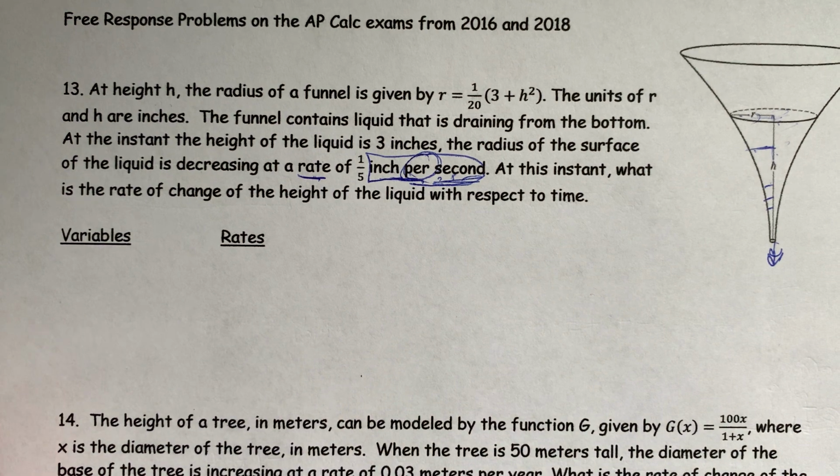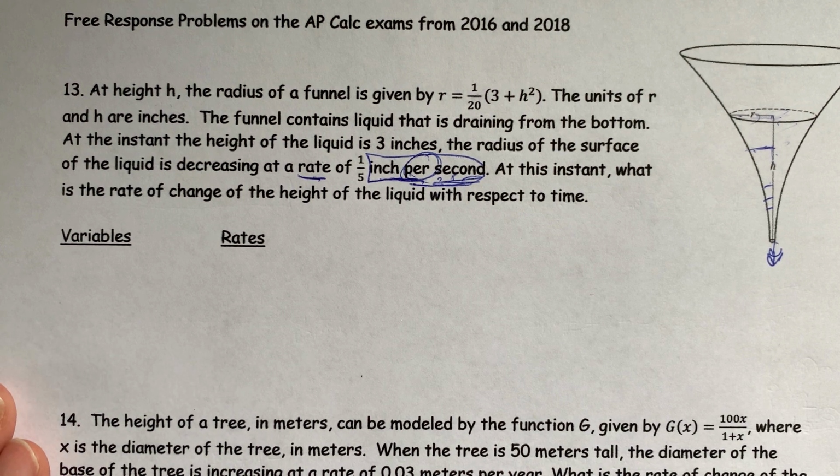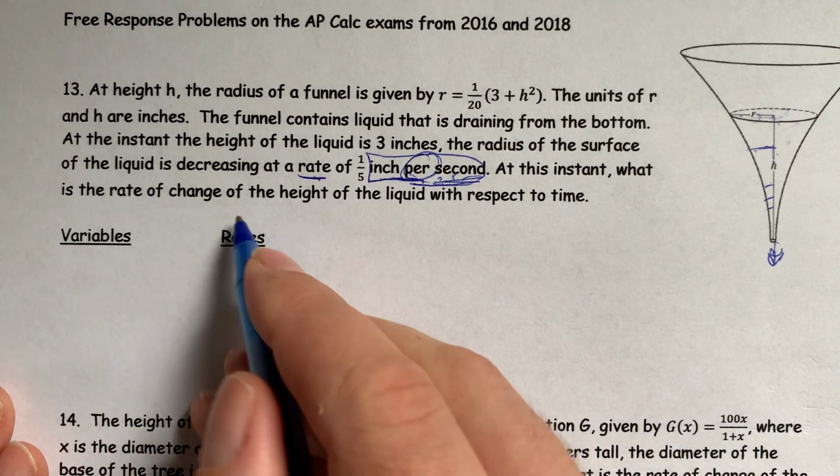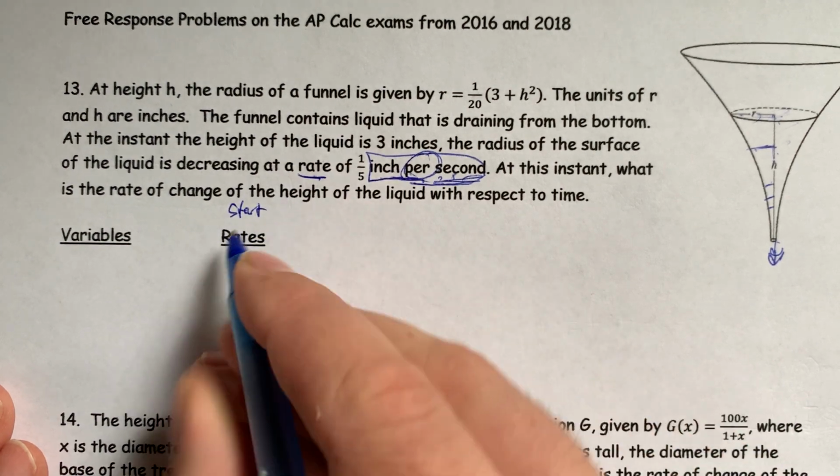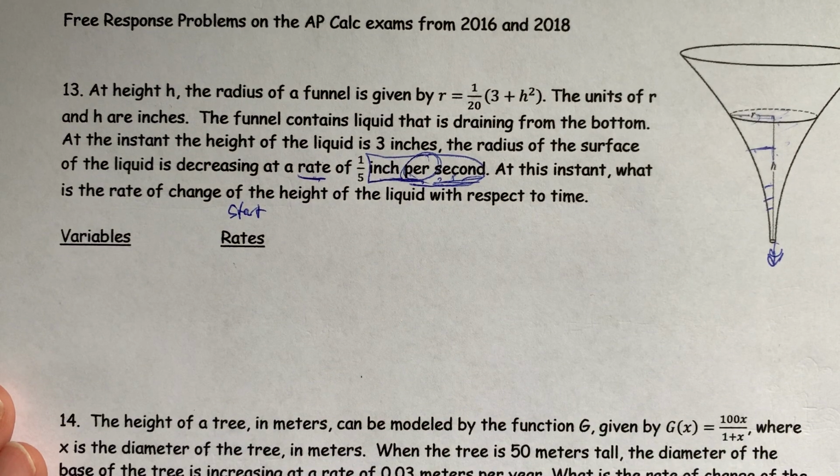time? So I find it very helpful in these problems to identify explicitly, just write down, what are the rates it's giving you and asking for, and what are the variables that go with them. We're going to start here with the rates, and find what variables we need that go with them.